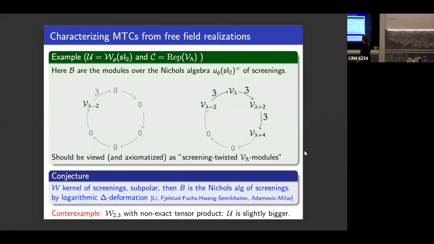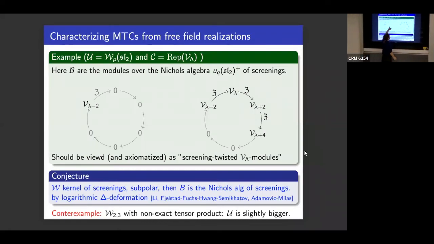It's a local module. But now I can build more complicated modules, which look like this. I have a big lattice VOA module, the one with the shifted weight, and I write suggestively the screenings here. What this means is, I have logarithms in the intertwiner on this, which give you terms here, and logarithms in the intertwiner on here, which give you terms here, right?